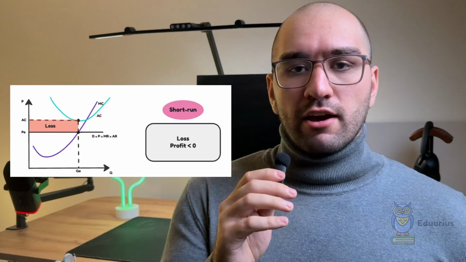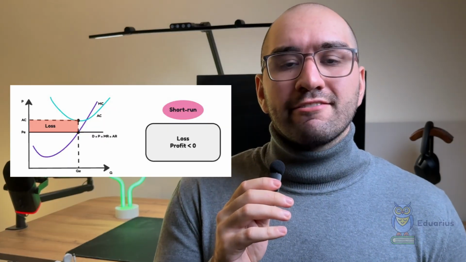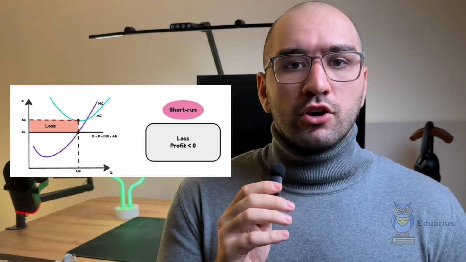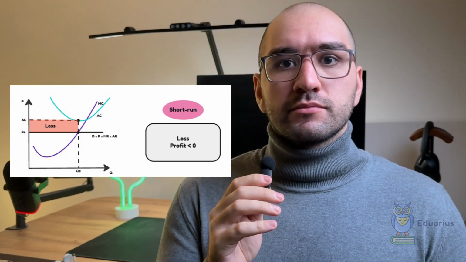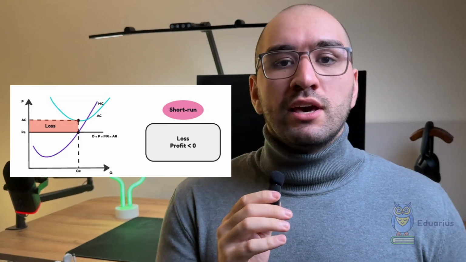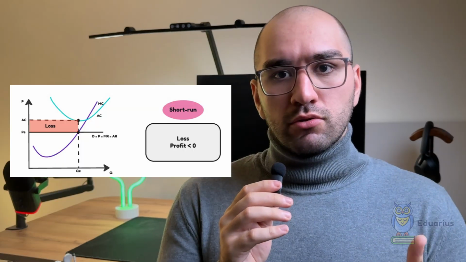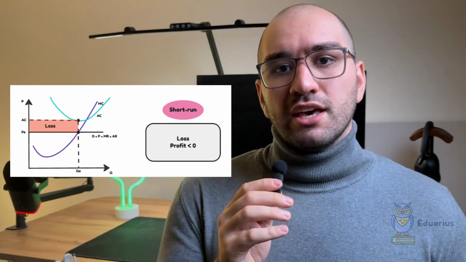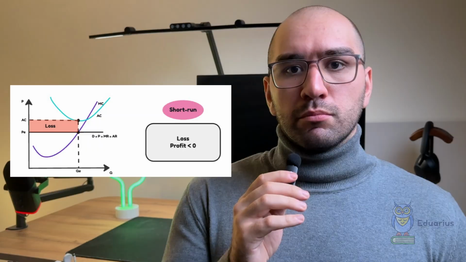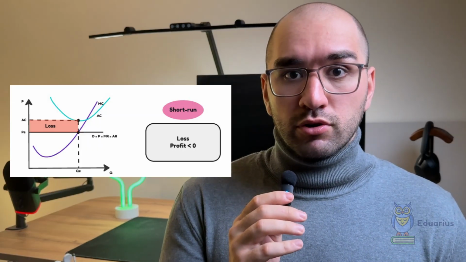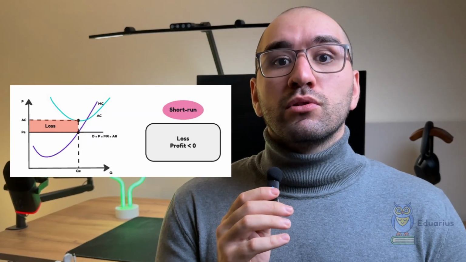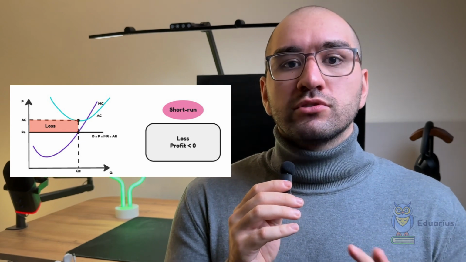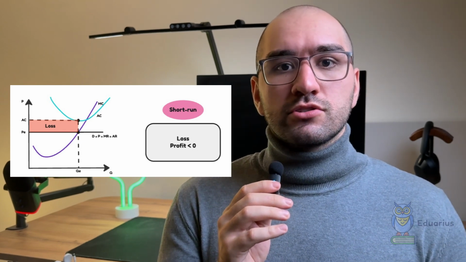On the second graph, we see a loss graph in the short run. We do the same steps and find the point of intersection of marginal costs and marginal revenue. Then we go up to the minimum point of average costs and then go left and see that the whole red area is the loss for the firm.